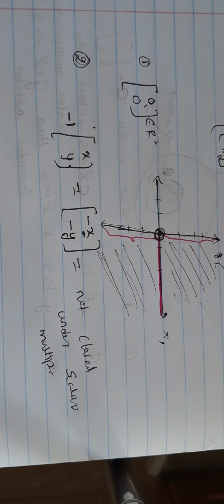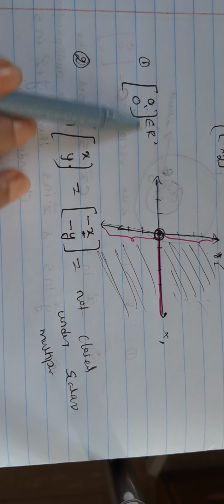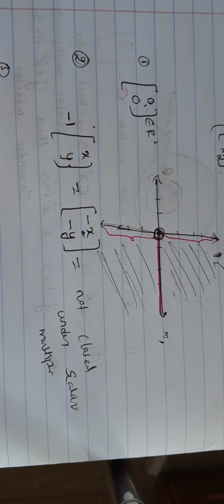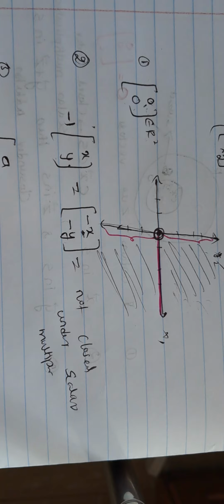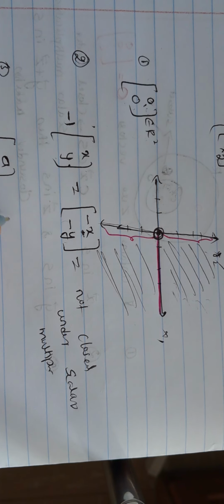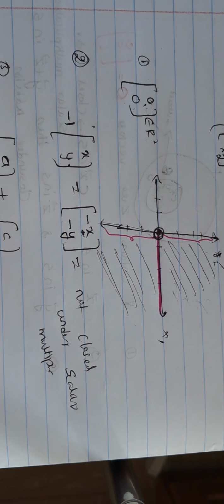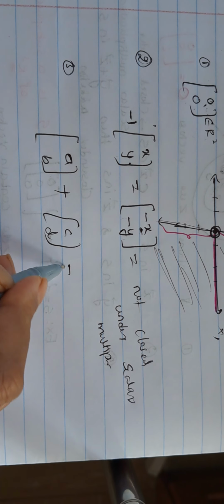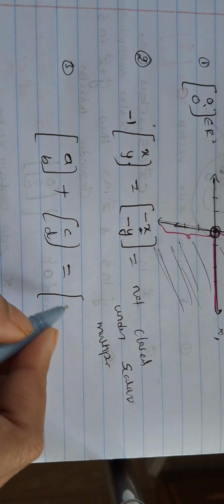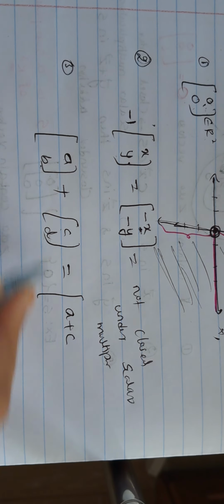But sometimes, in this case, even addition actually follows. For example, if I take a vector like a and b, and another vector c and d, and add these two vectors, it gives a plus c and b plus d.